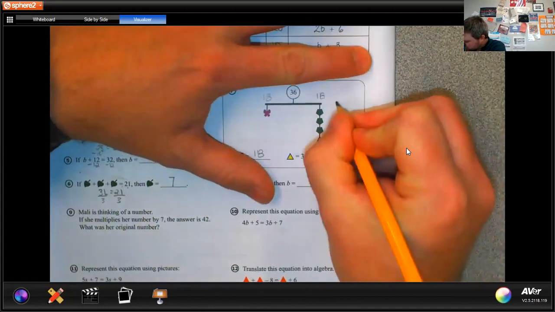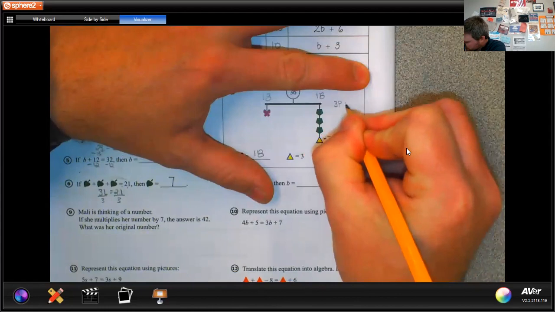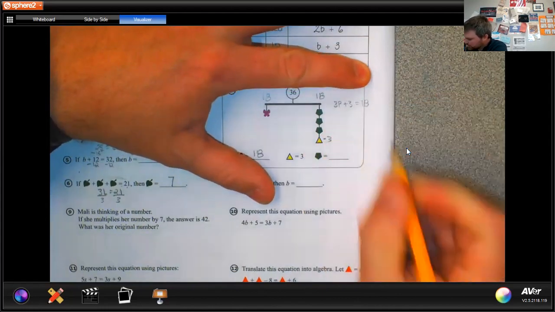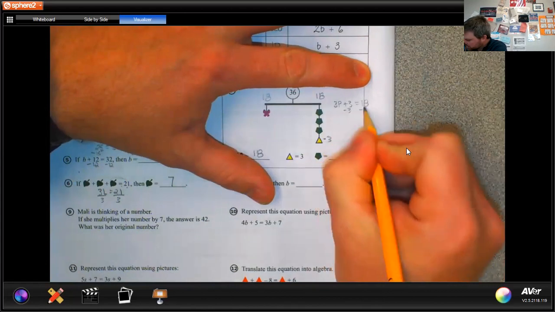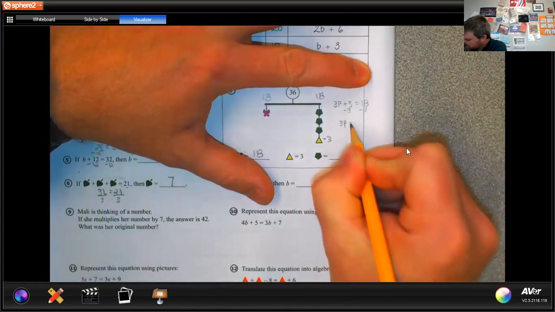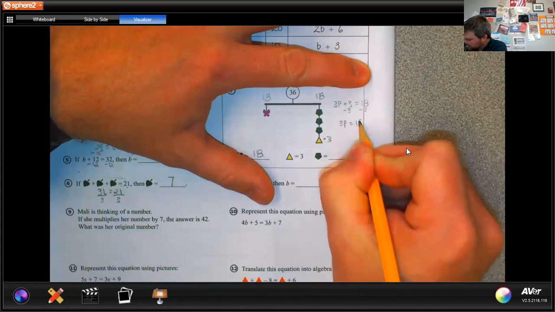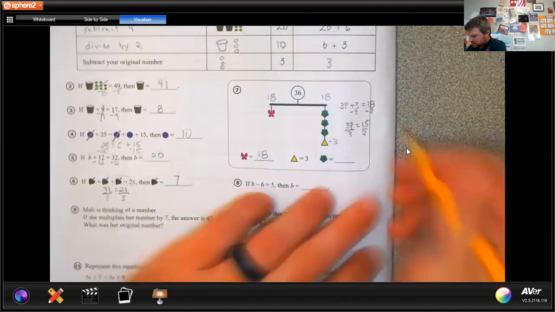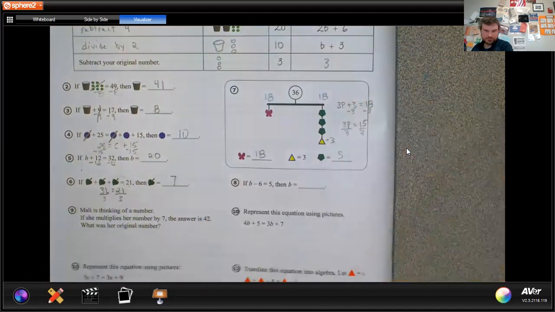So I could say 3 pentagons plus 3, because we know what that is, has to equal 18. So if I subtract 3, 3p equals 15, and divide by 3. 15 divided by 3 is 5.